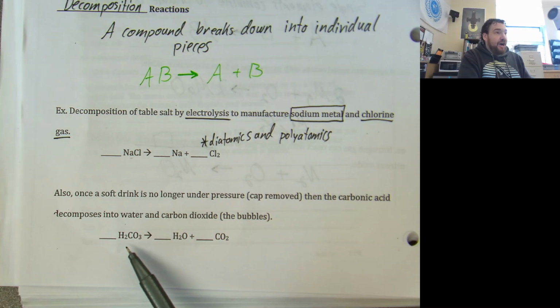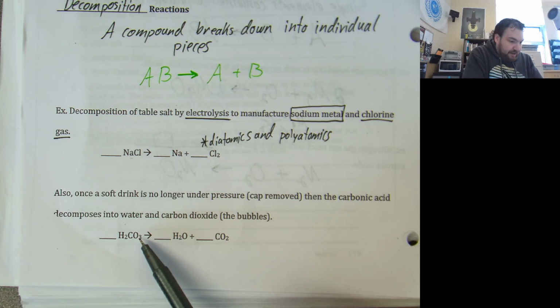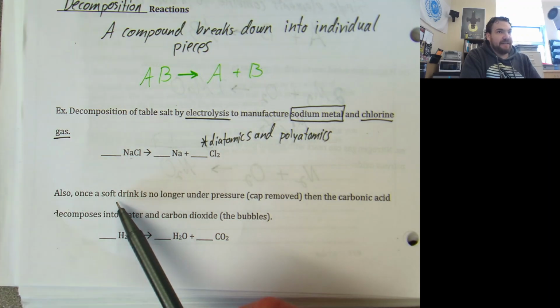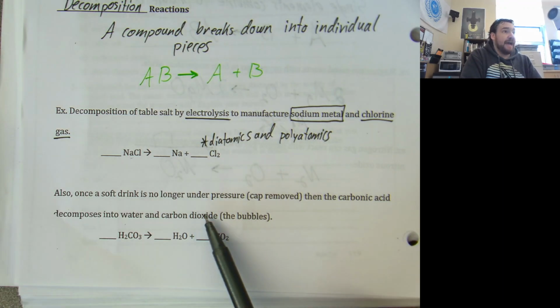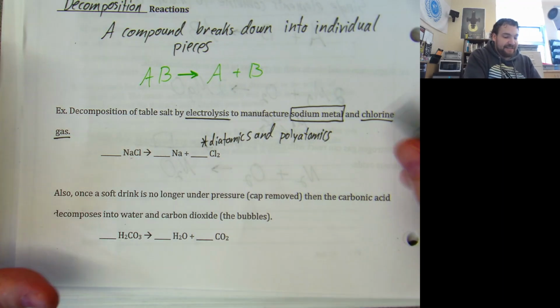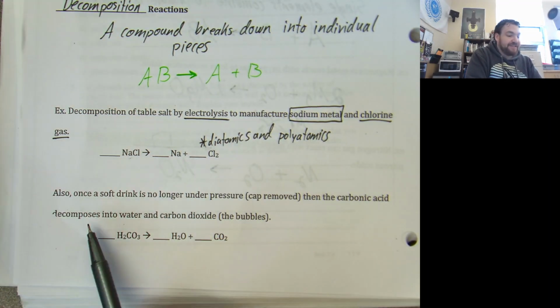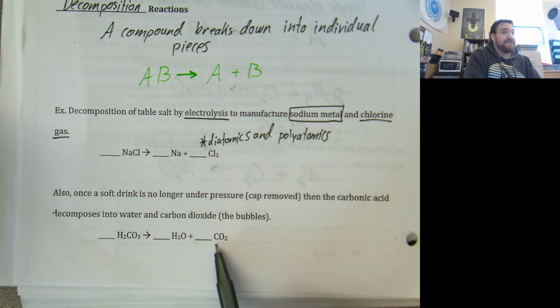But a decomposition doesn't have to break a compound into individual atoms. It could break a bigger compound into subcompounds. Like you take your pop, whatever it is you are drinking, you crack the lid or break the seal on the can. As soon as you do that, the carbonic acid in there, the H2CO3, breaks down into water and carbon dioxide, CO2 and H2O, which is why your pop gets flat.